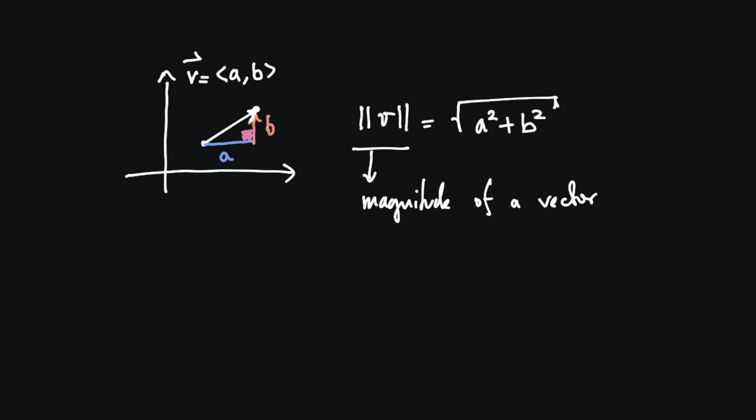Let's do one example. Let's suppose that we have vector u with components 2 and -3. What will be the magnitude of this vector?